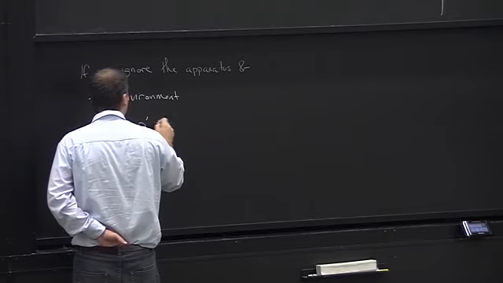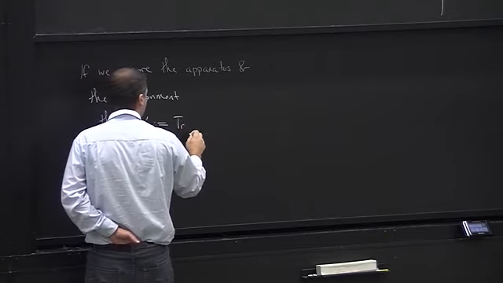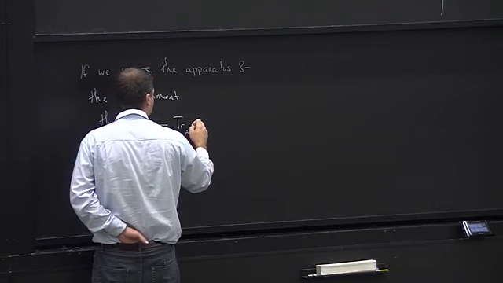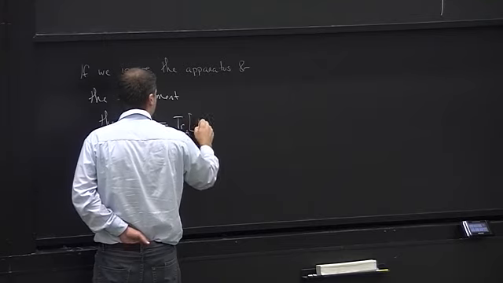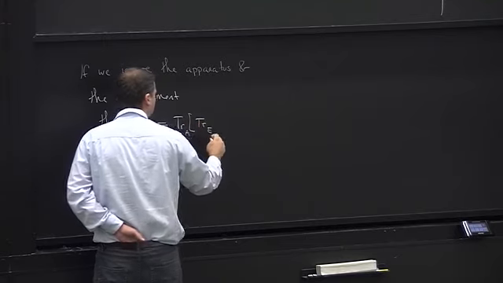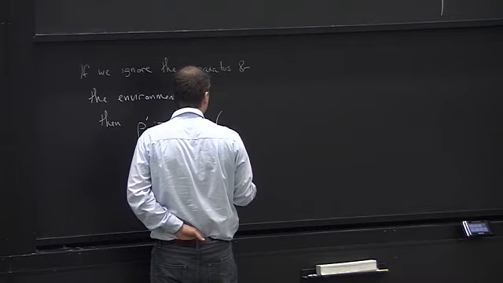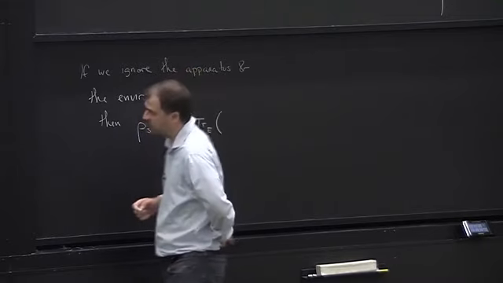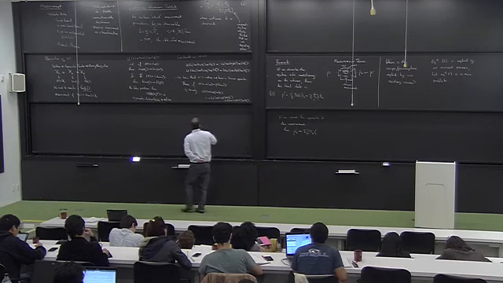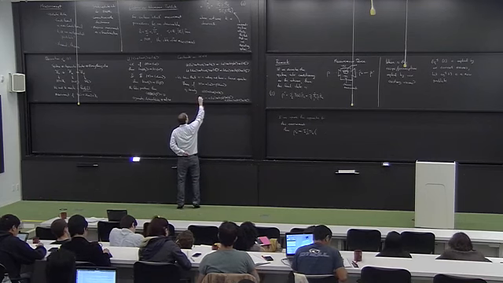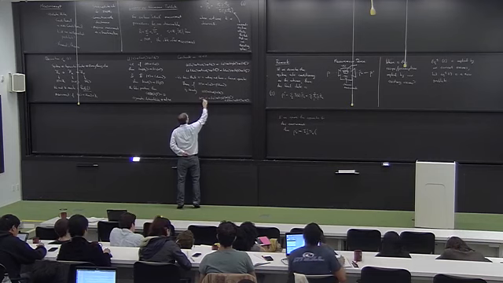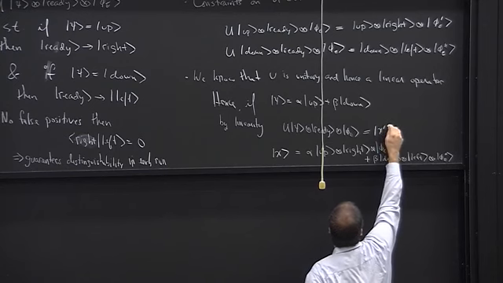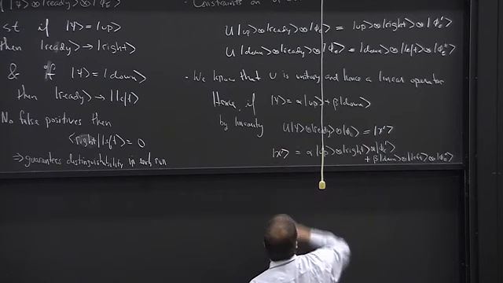We define that as the trace over the apparatus times the trace over the environment of, I'm going to need a shorthand, let's call this state chi prime because it's after the measurement.